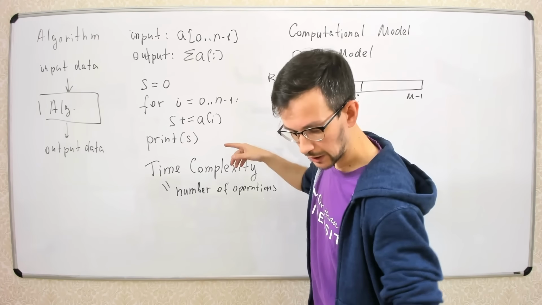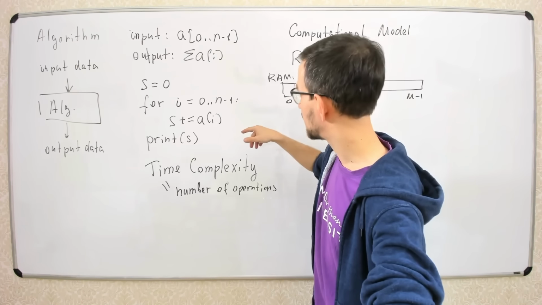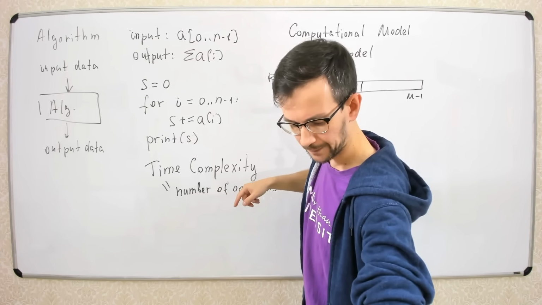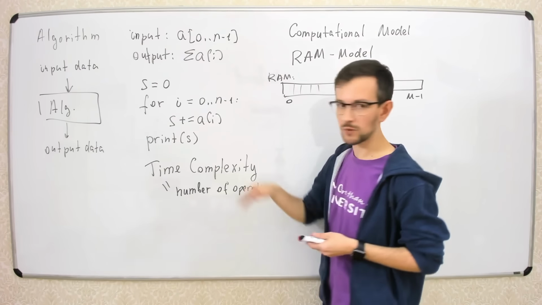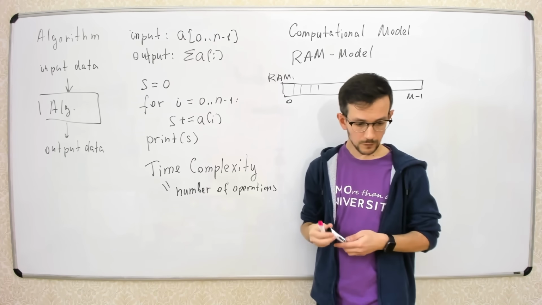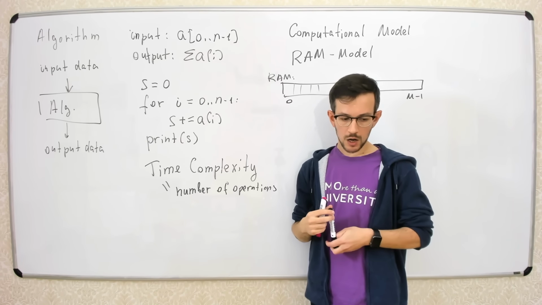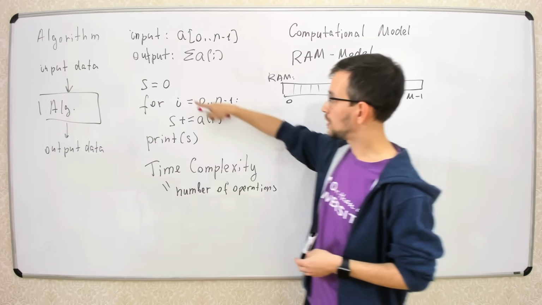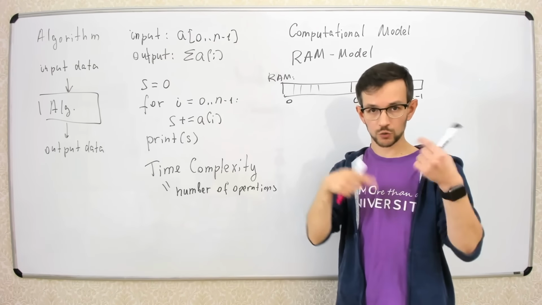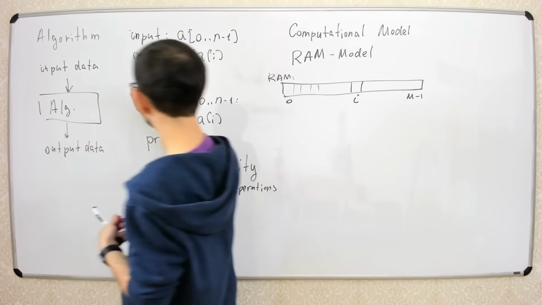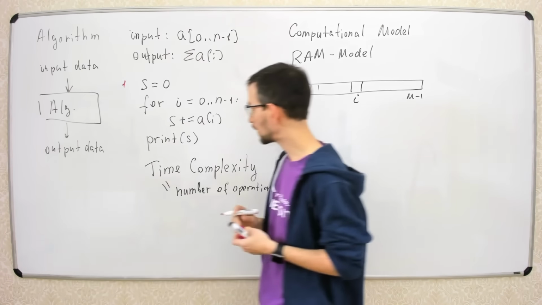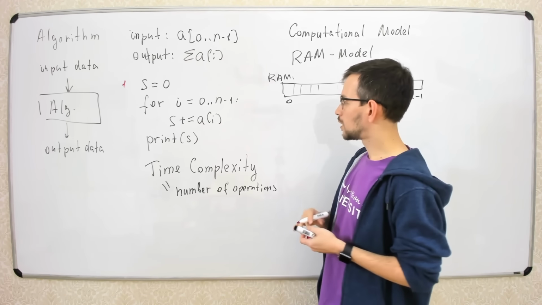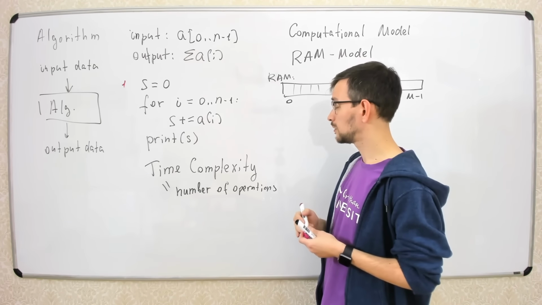Let's see. If we have an array of size n, so we have n elements in the array, what will be the total number of operations here? Here we have one operation to initialize the variable s. Here we have a cycle.